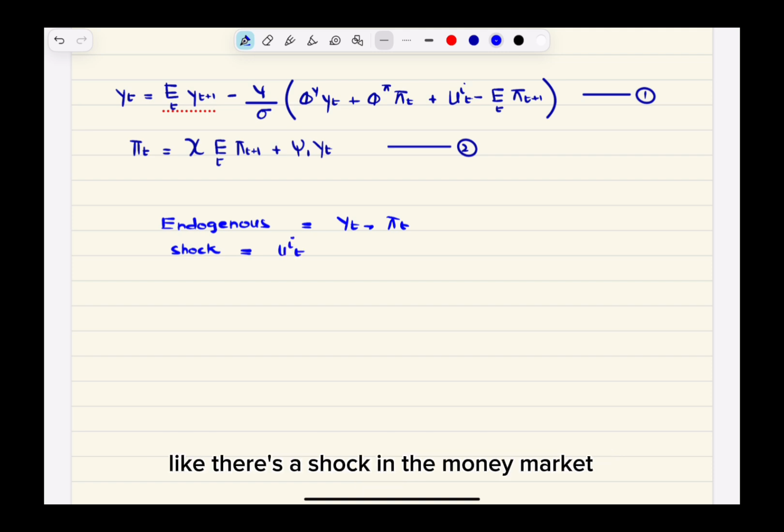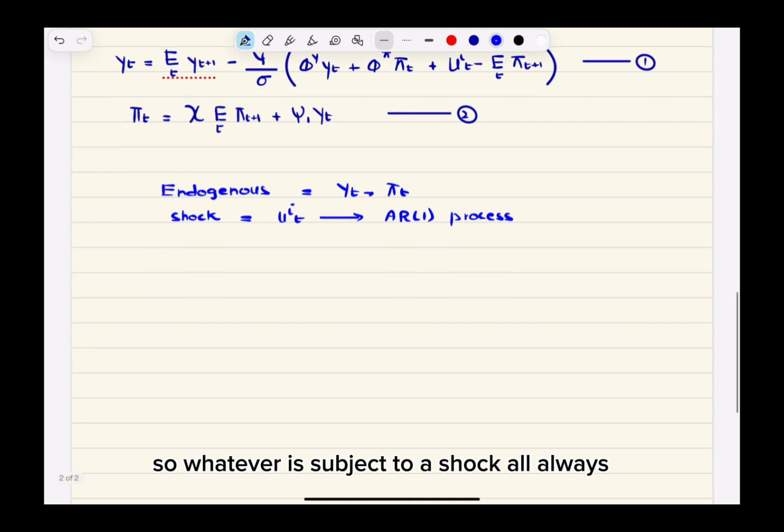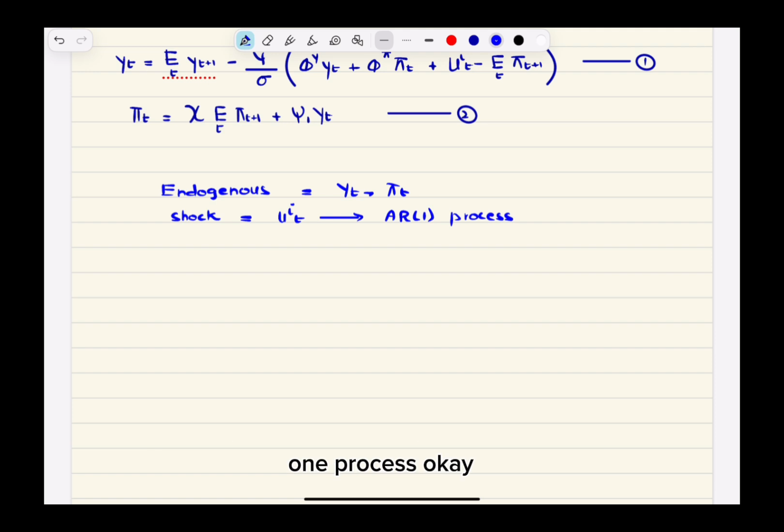Like there's a shock in the money market to the interest rate. So this is going to follow an AR1 process. Whatever is subject to a shock, even if you plug this data into MATLAB and Linear, you will have to convert the shock variable into an AR1 process.